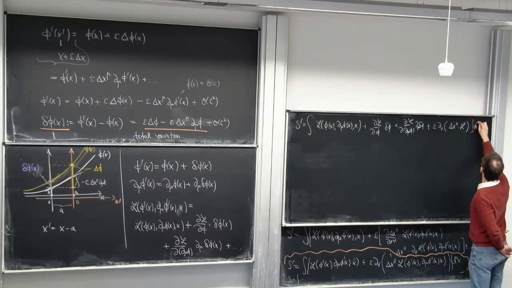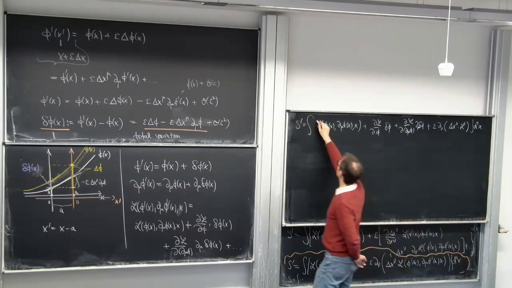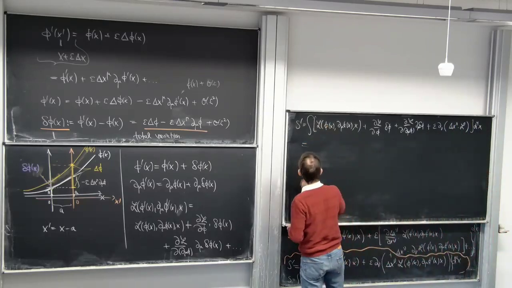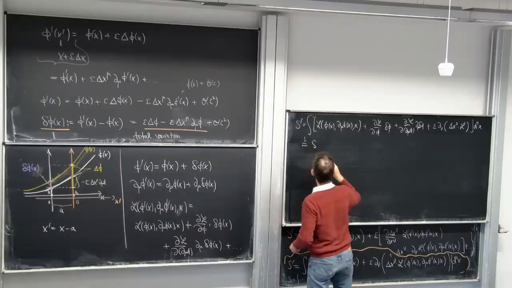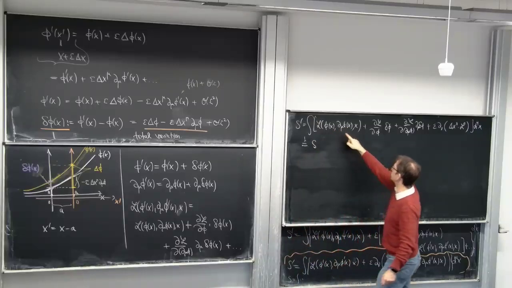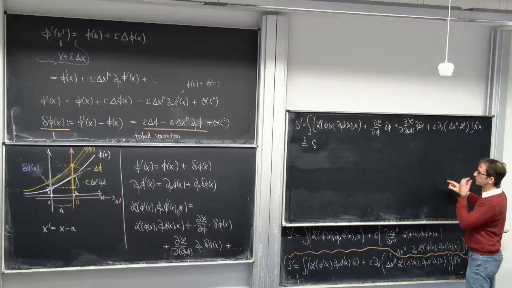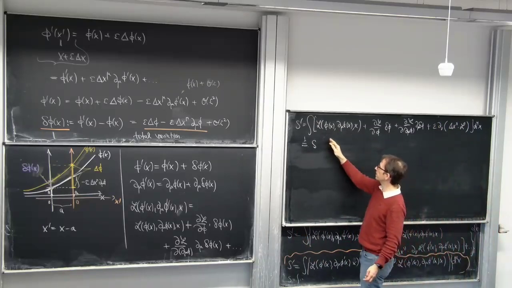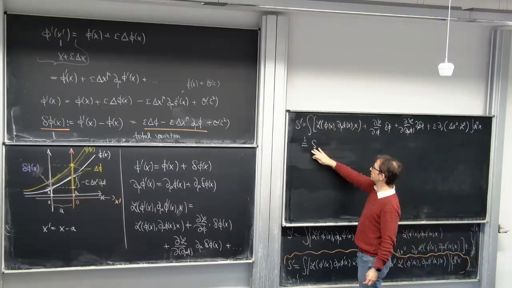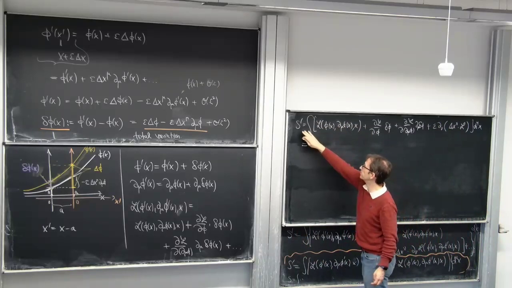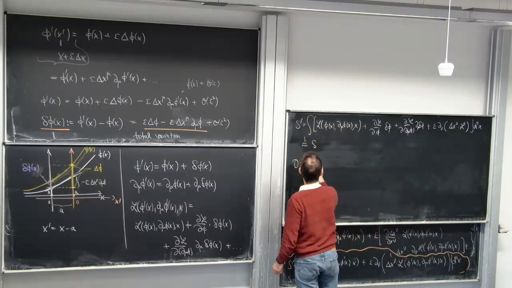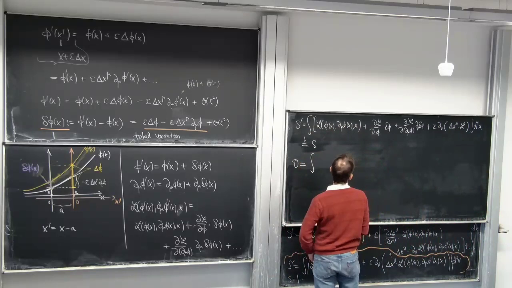And then d4x, and this is supposed to be S, which is really the first term. So we're ending up, if I subtract from this side this S, which is this, then I have 0. So 0 is equal to the integral of this.